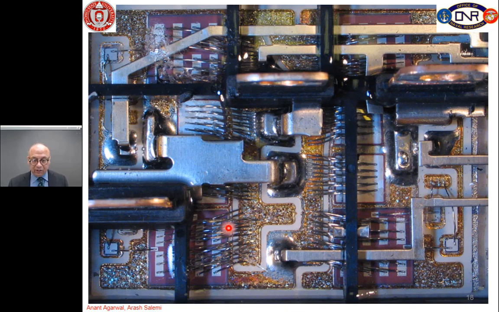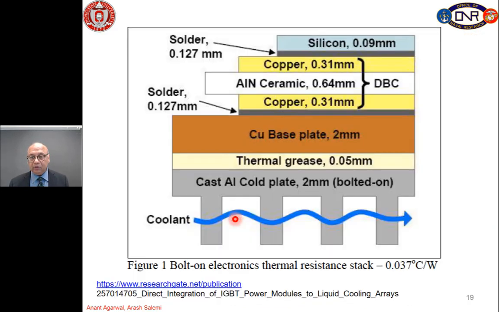Of course, attaching all these devices in this module leads to parasitic inductances and capacitances that we have to deal with. We also have to deal with the mechanical construction of these power modules, and the stability of devices, and the fact that devices should stay on the substrate as we cycle this module through the power cycles. So, this is the cross section of that power module.